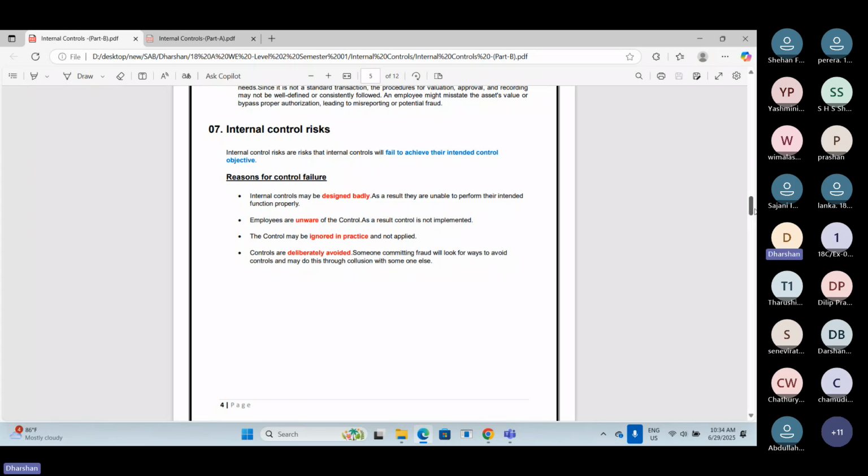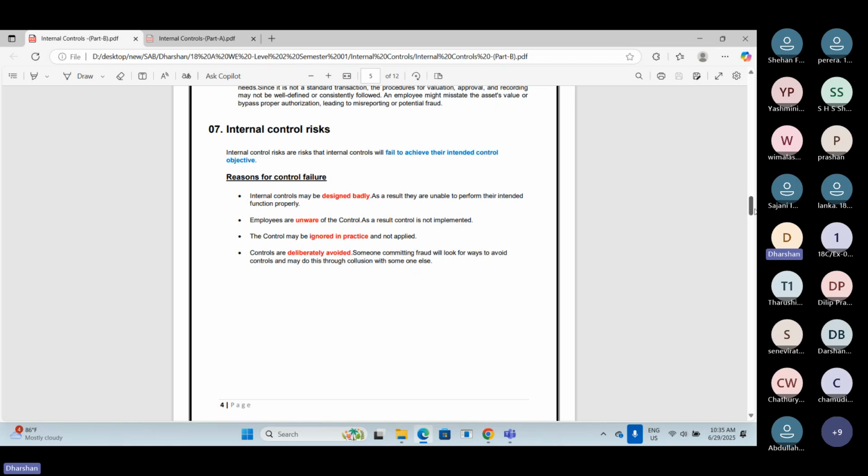So here, risk means, generally, I'm not talking about internal control, I will come to internal control later. Generally, risk means if you want to achieve something, and barriers, restrictions or obstacles are available in that process, and those barriers and obstacles will affect you in achieving that particular objective.